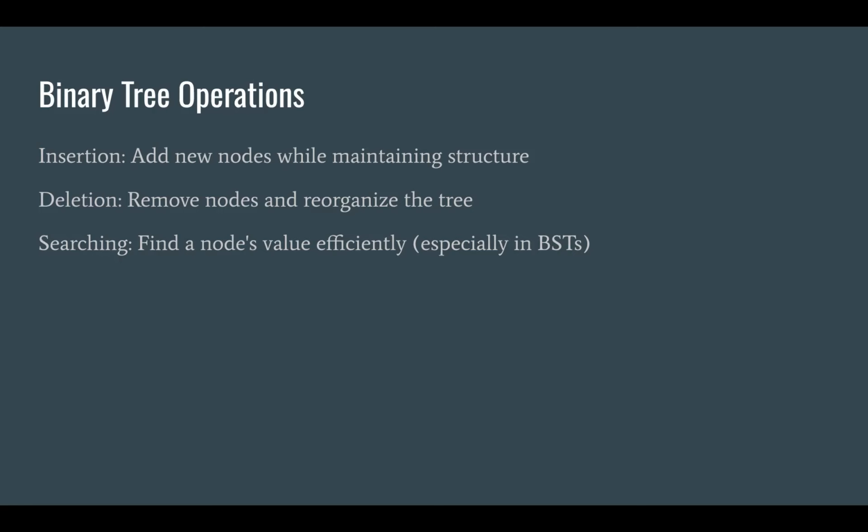Deletion is removing a node, which can be complex as we need to reorganize a tree to fill the gap without breaking its rules. Searching, finding a node's value. This can efficiently be executed in binary search tree thanks to their order structure where each decision halves the search space.